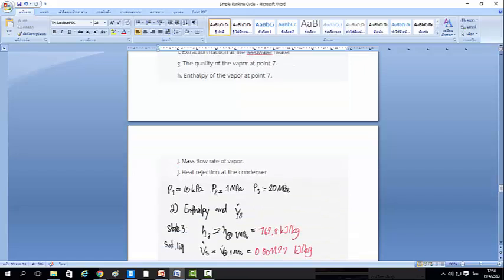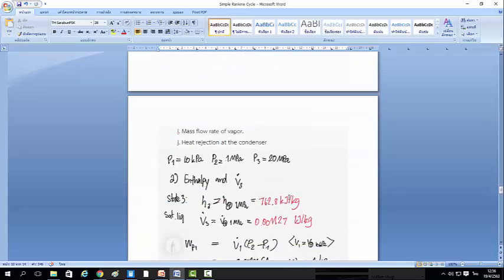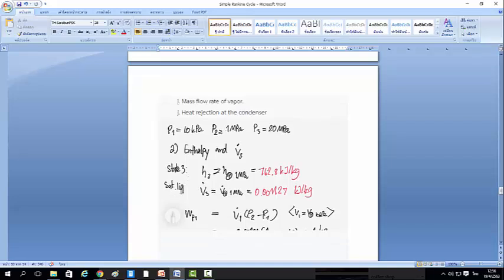Let's start with A, entropy and specific volume 3. You can find from state 3, saturated liquid, H3 equal to H at 1 megapascal equal to this, and V at 1 megapascal equal to this.